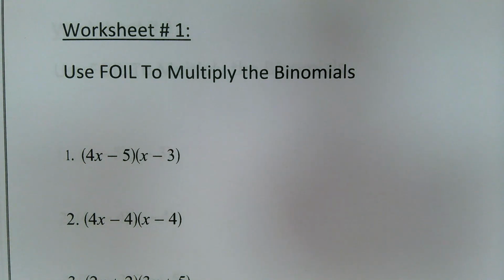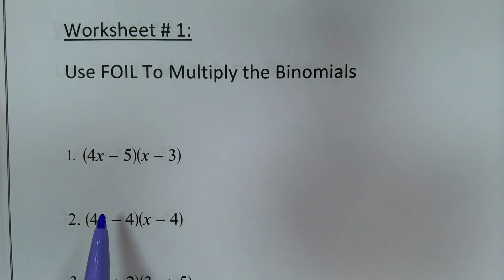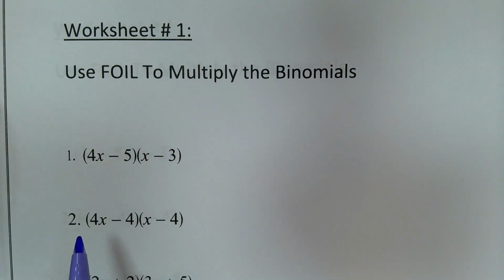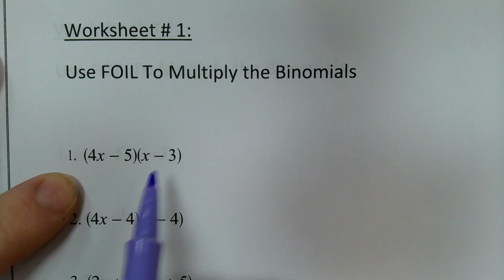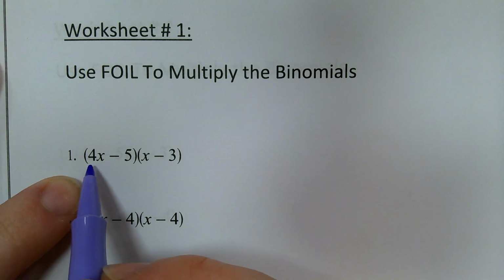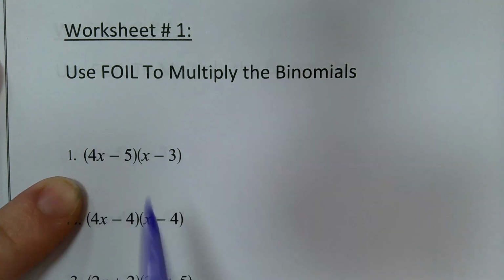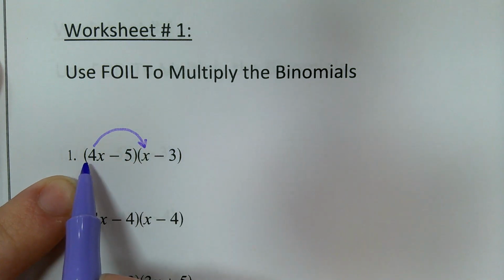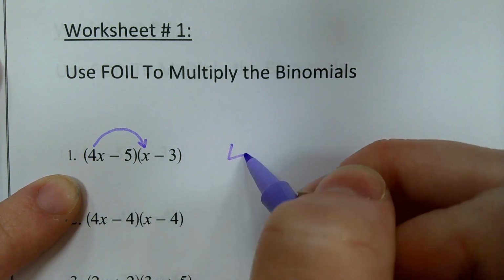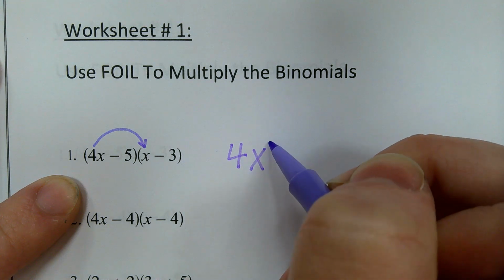All right. 4x minus 5 times x minus 3. What should we do first? 4x first. Yes, our first terms, which is 4x and x. So, you just said it correctly, absolutely. 4x times x is 4x squared.